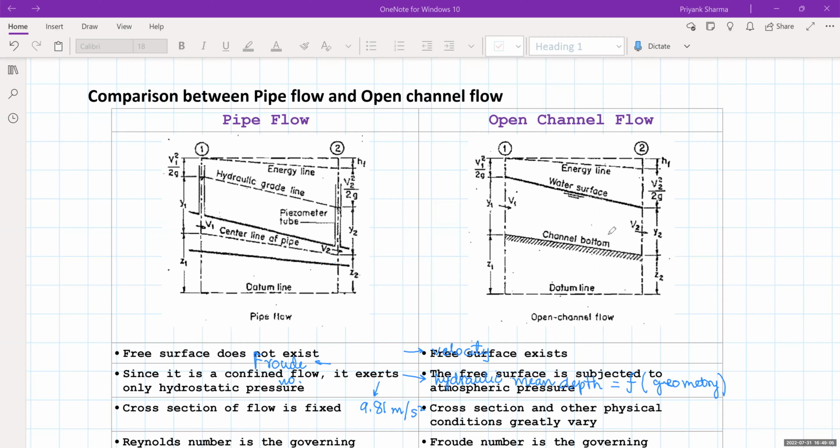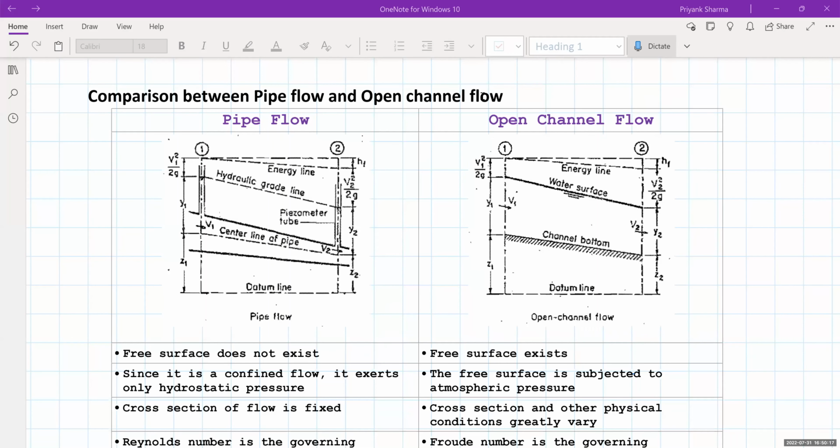Now in case of open channel flow, you can see that the water surface itself represents the hydraulic grade line.